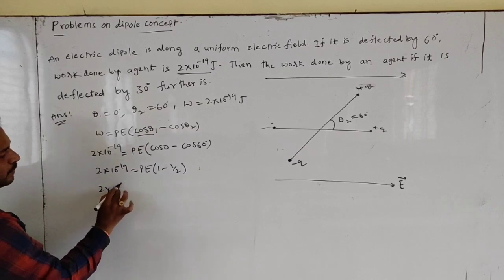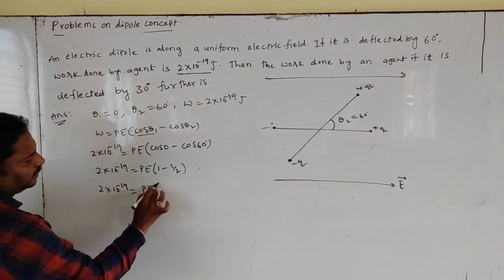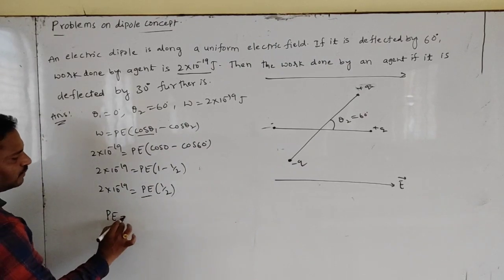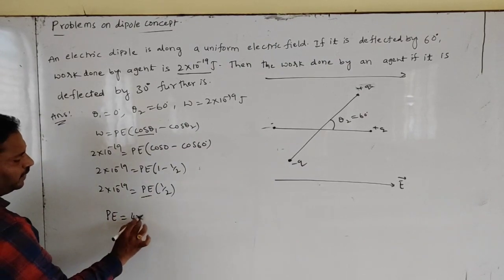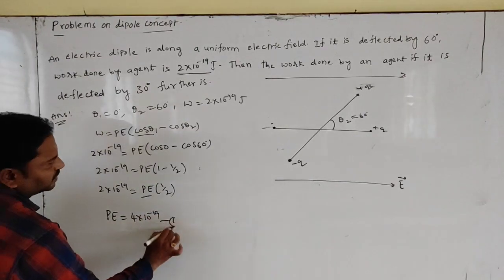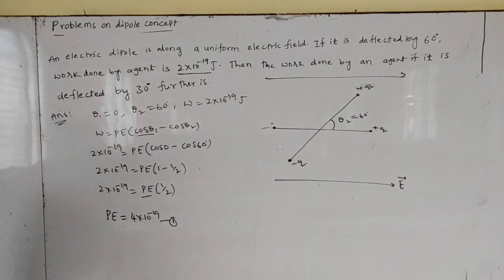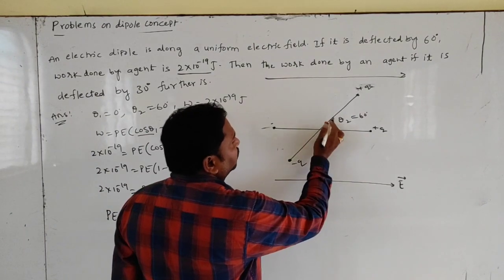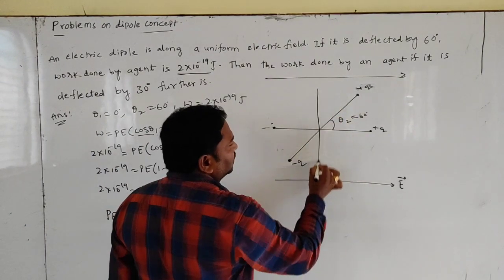So 2 into 10 power minus 19 equals PE into 1 by 2. Now we get PE equals 2 into 2, 4 into 10 power minus 19, equation number 1. So now from this position we have to rotate further 30.